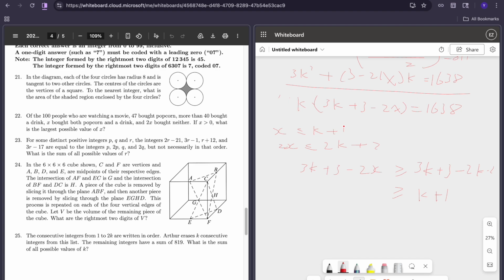This means this part is always bigger than k, and since 1638 is not a perfect square, which means the two numbers we factored out are always one larger and one smaller.